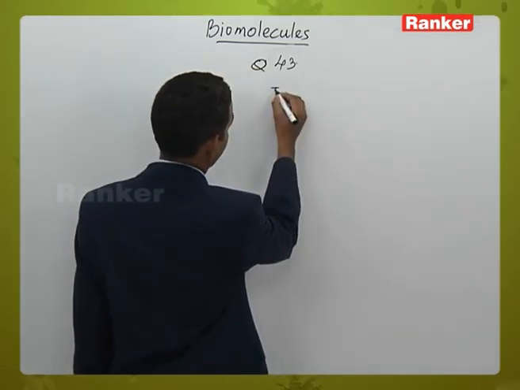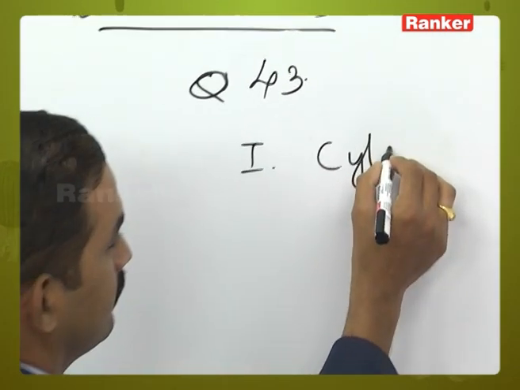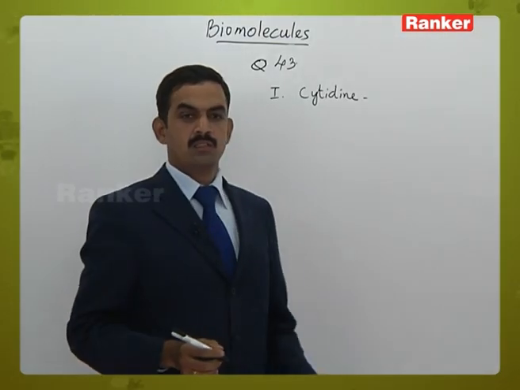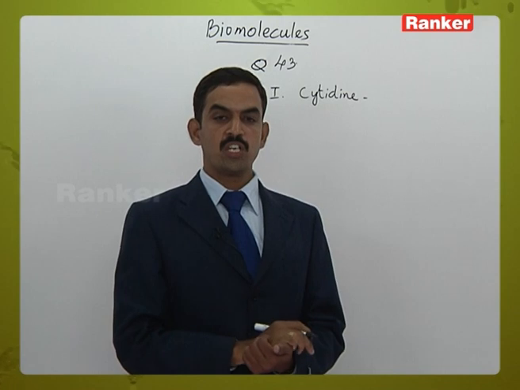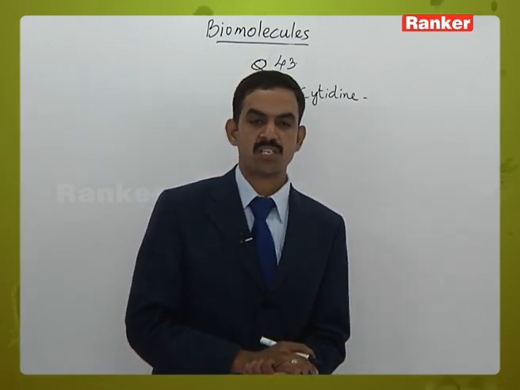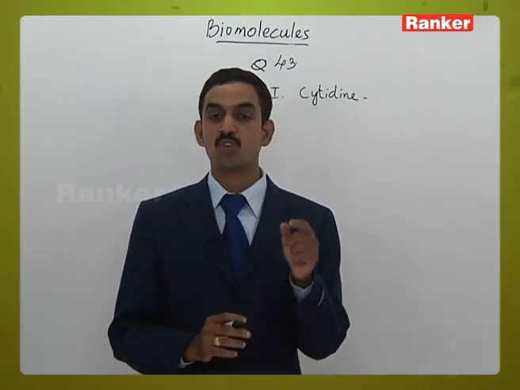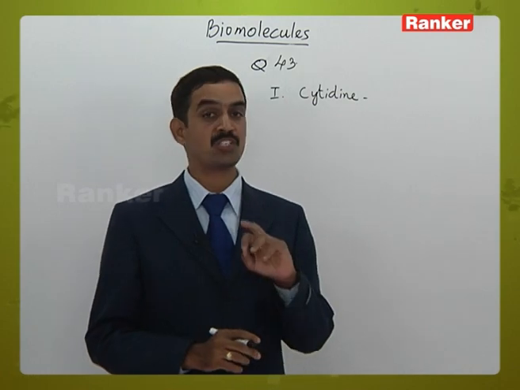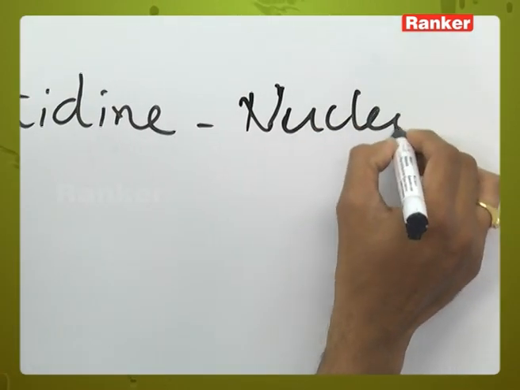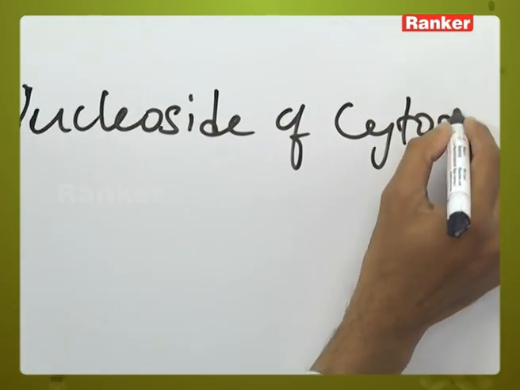So the first one is cytidine. Cytidine is given as a nucleotide of cytosine. Actually, cytidine is a nucleoside of cytosine, not a nucleotide.